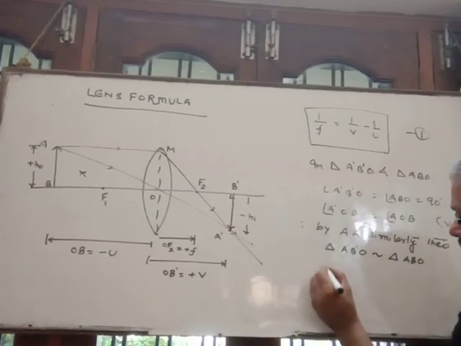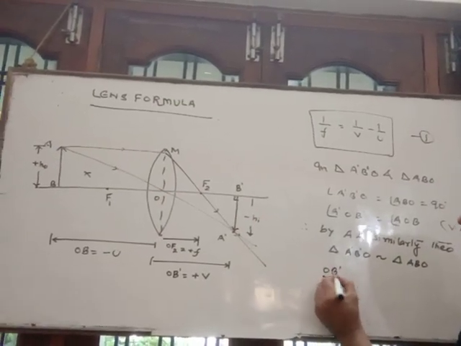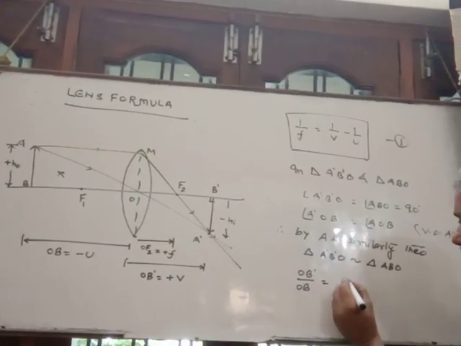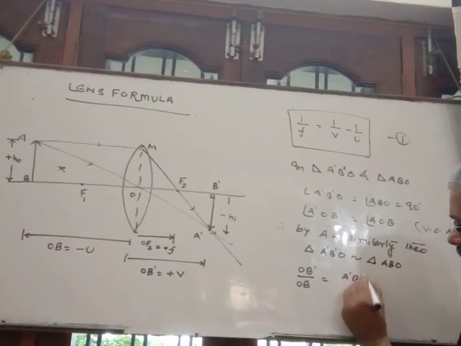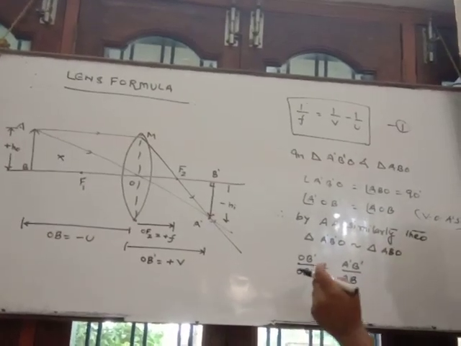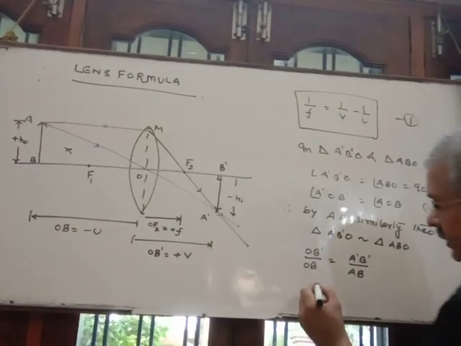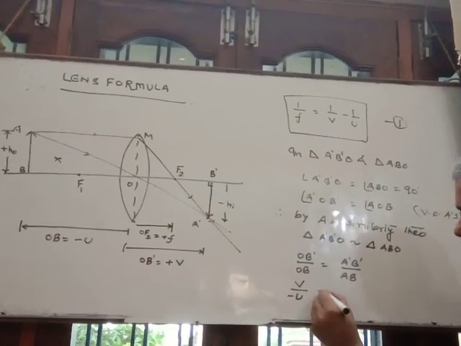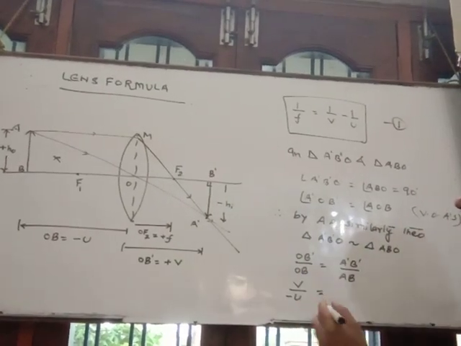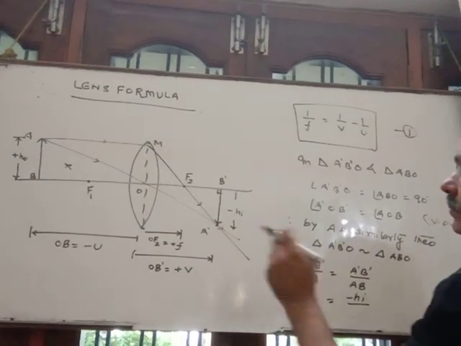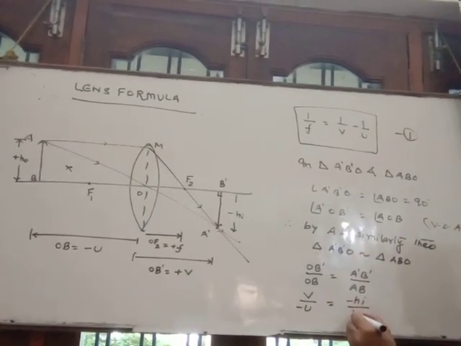So OB dash, its corresponding side OB; A dash B dash, its corresponding side AB. OB dash is V, OB is minus U, A dash B dash is minus HI, and AB is plus HO.